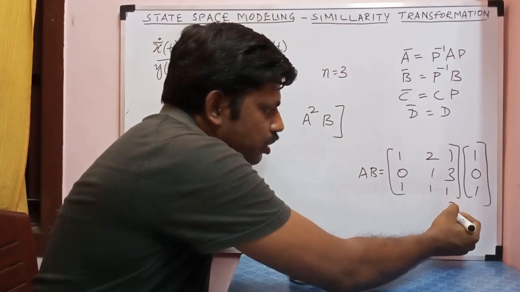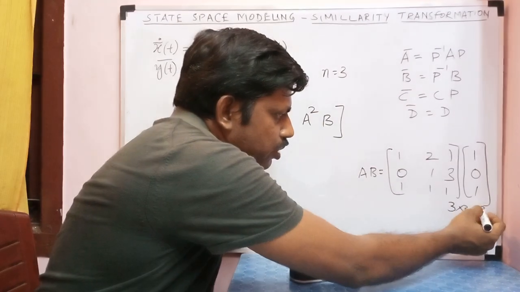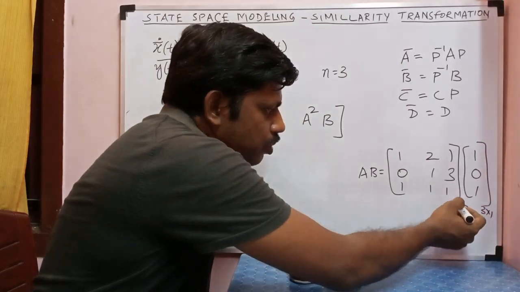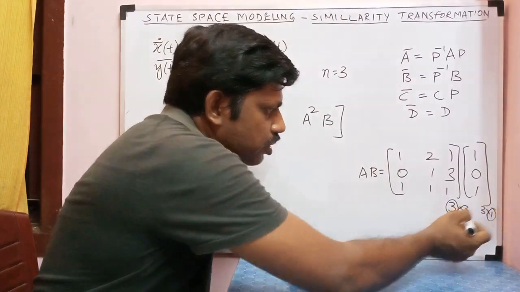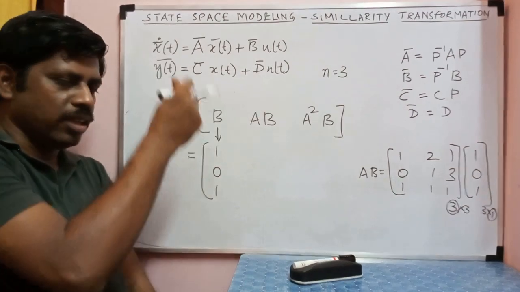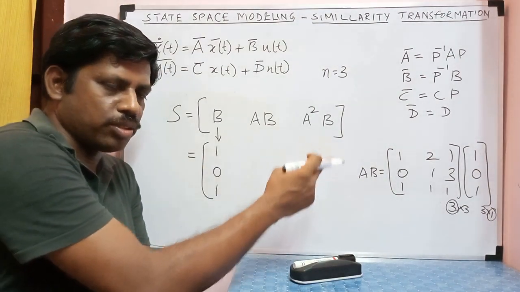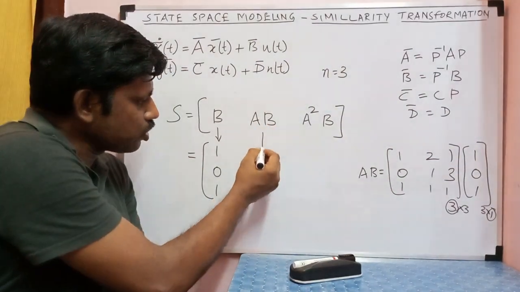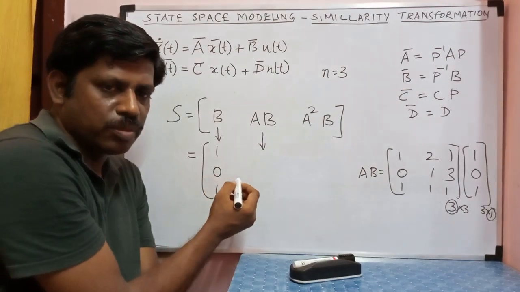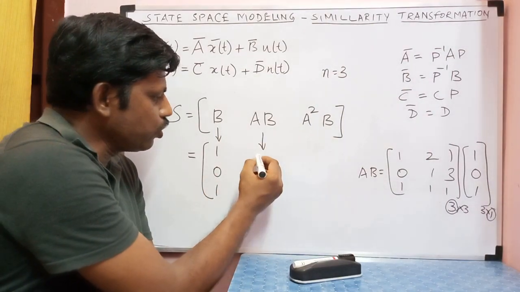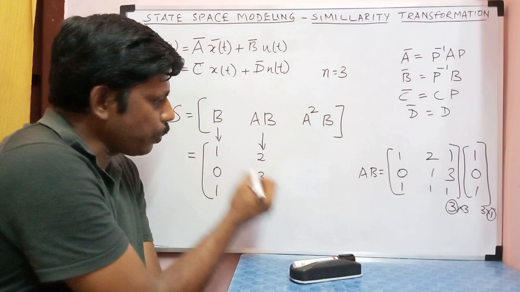This is a 3 cross 3 matrix and this is a 3 cross 1 vector, so you will get a 3 cross 1 vector. That vector has to be written here. If you multiply that, you will get 2 3 2.